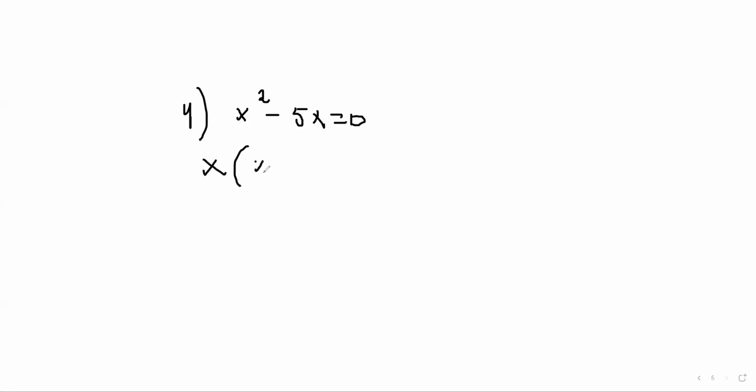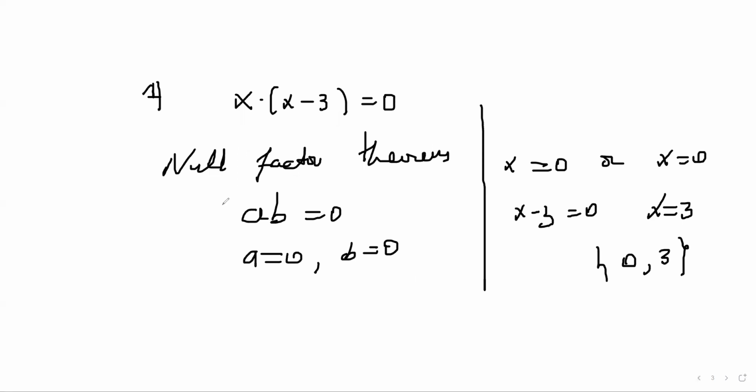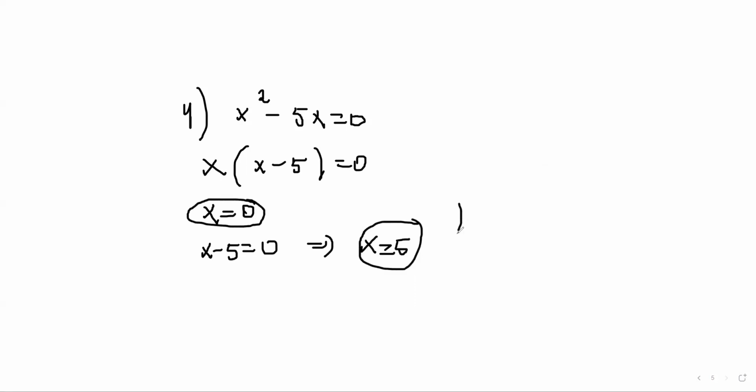So we get x times (x minus 5) equals 0. If you remember, in the first exercise we considered the same type. So it came down to the first case. What we do here is x equals 0, as the null factor theorem says, and x minus 5 equals 0, so here we get x equals 5. Our equation has two solutions, 0 and 5.